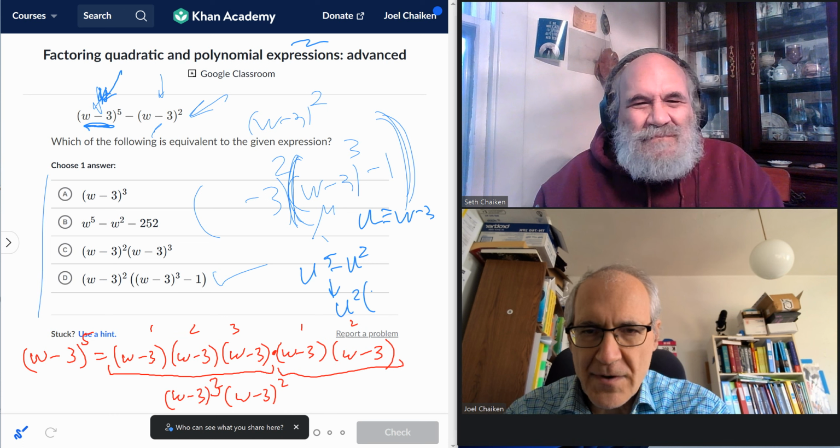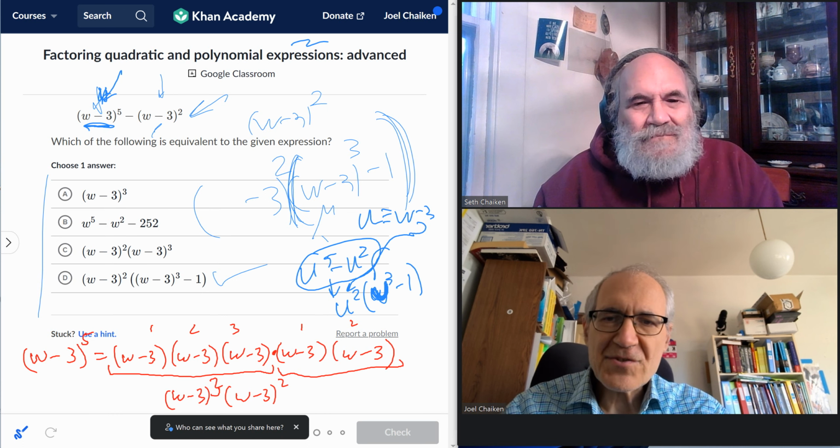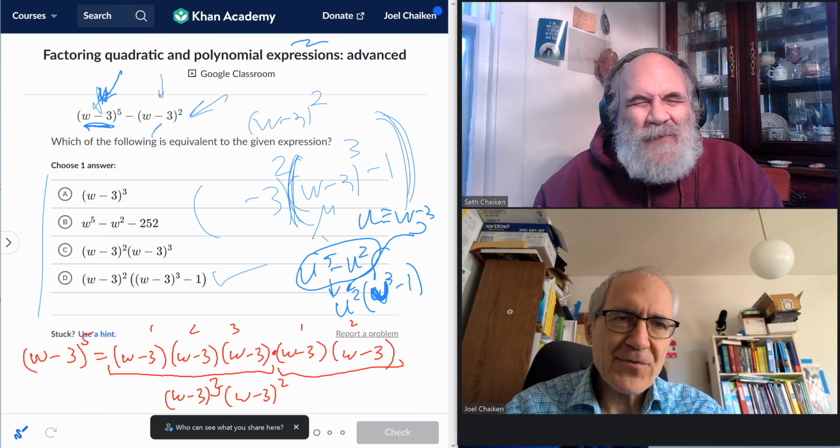Pull out a u squared, leaving u cubed minus 1. And then you substitute back for u, the w minus 3. It makes life easy, see? Substitution: substitute one variable for a bunch of other variables, and then you manipulate the simpler variable. This is one way to look at it.